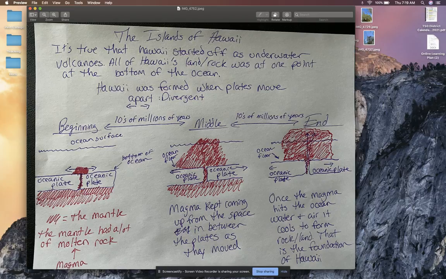And so this happened again and again over millions and millions of years. The oceanic plates kept moving apart, and the magma kept coming up in between that space, and eventually it would harden and cool to form rock. So at one point, we could not see Hawaii. It was still just on the bottom of the ocean floor.